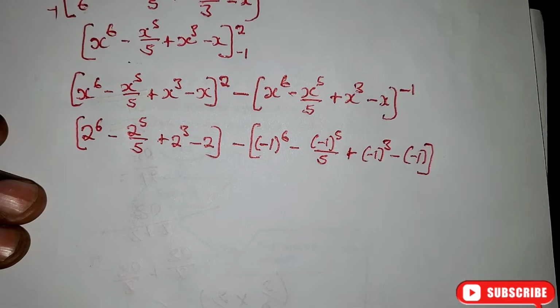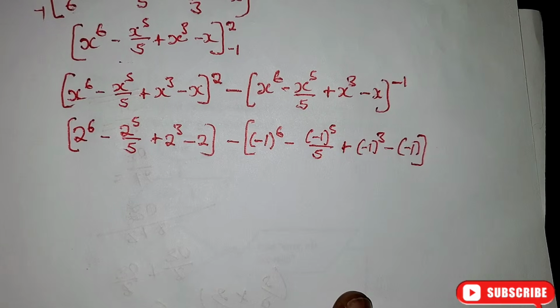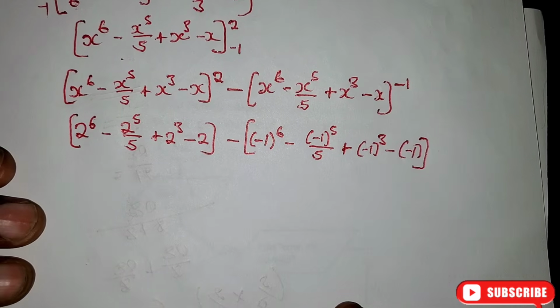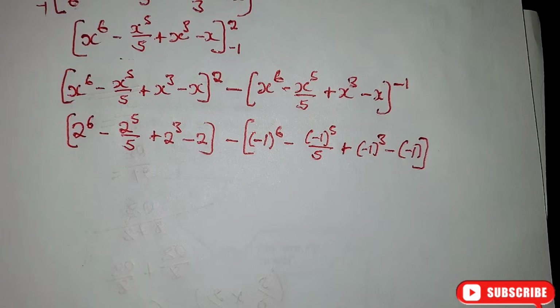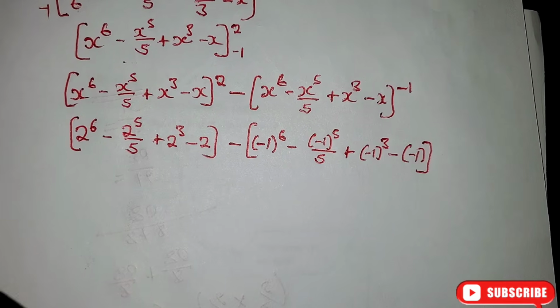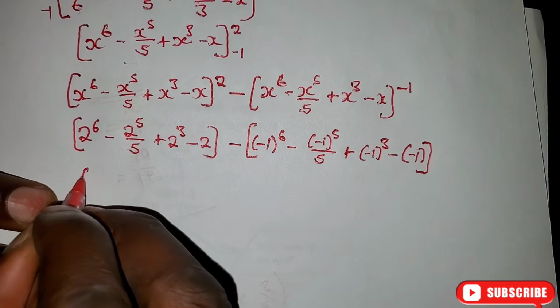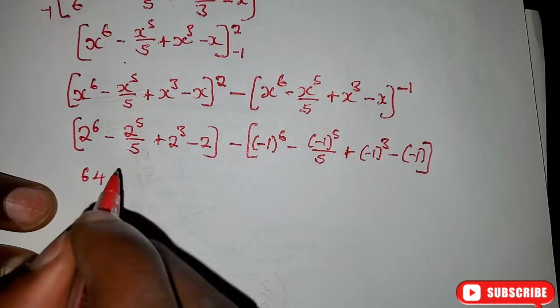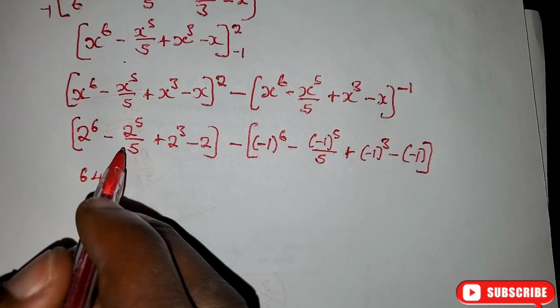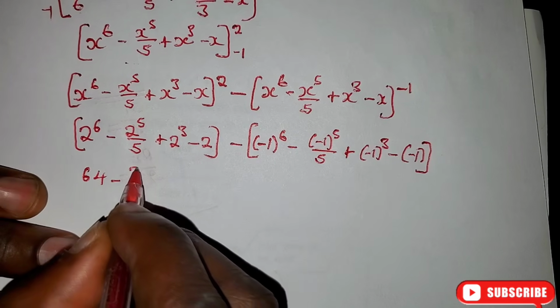Have you seen how I've substituted? Now we can solve. 2 to the power 6 is 64, minus 2 to the power 5 is 32.